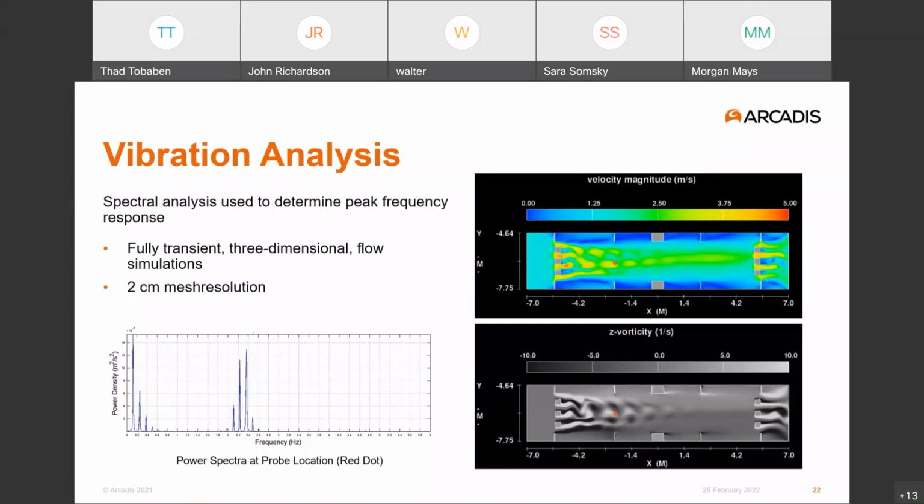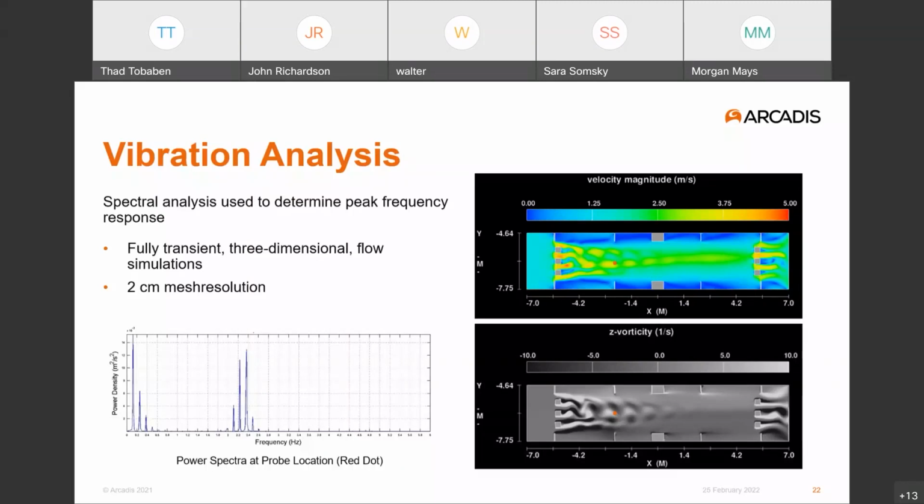And we wanted to gain some level of assurance that the main frequencies associated with the turbulent flow through the leveling system would be quite different than the natural frequency of the system used to actuate the gates.